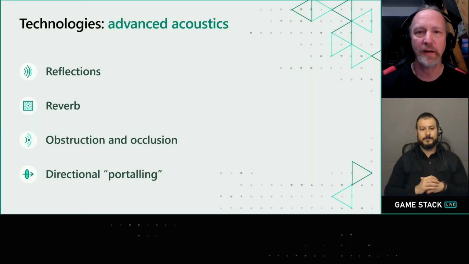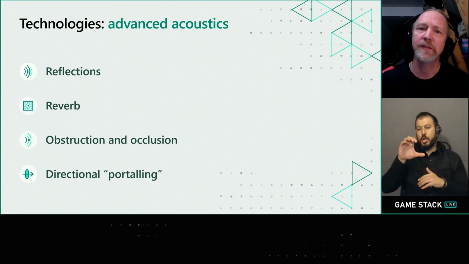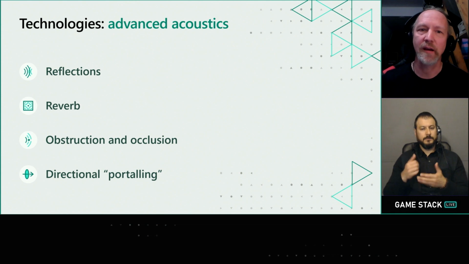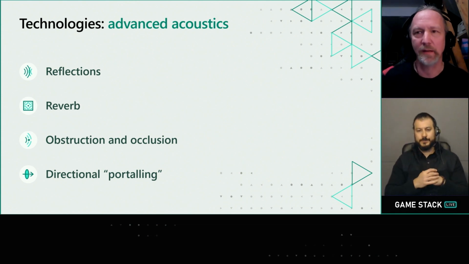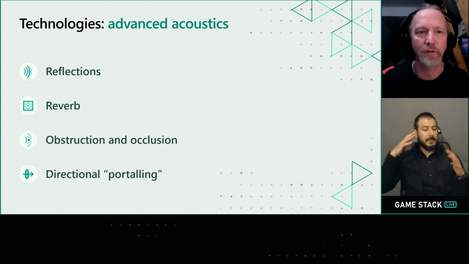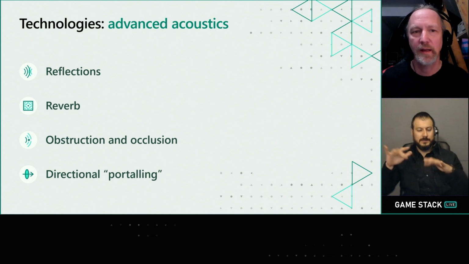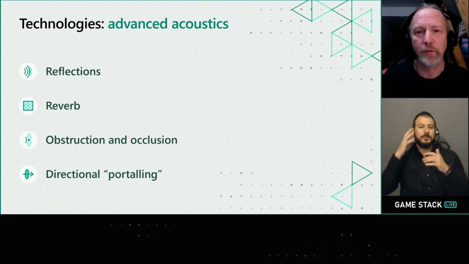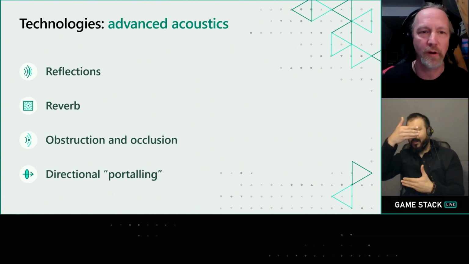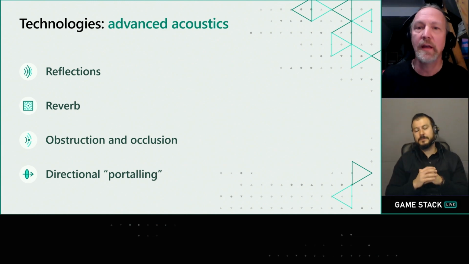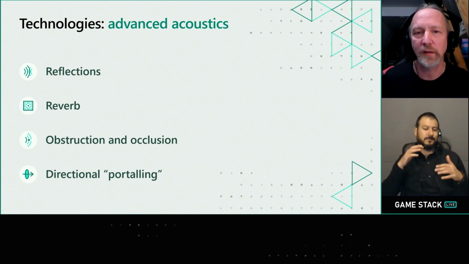So first, I'd like to talk about acoustics. Acoustics are important because they help tell how sound moves through the world, whether that's sounds reflecting off of walls, the reverberation of the space you're in, how sounds become muffled or occluded when they're behind walls or other objects, and even how sounds travel through, say, doorways in the world.